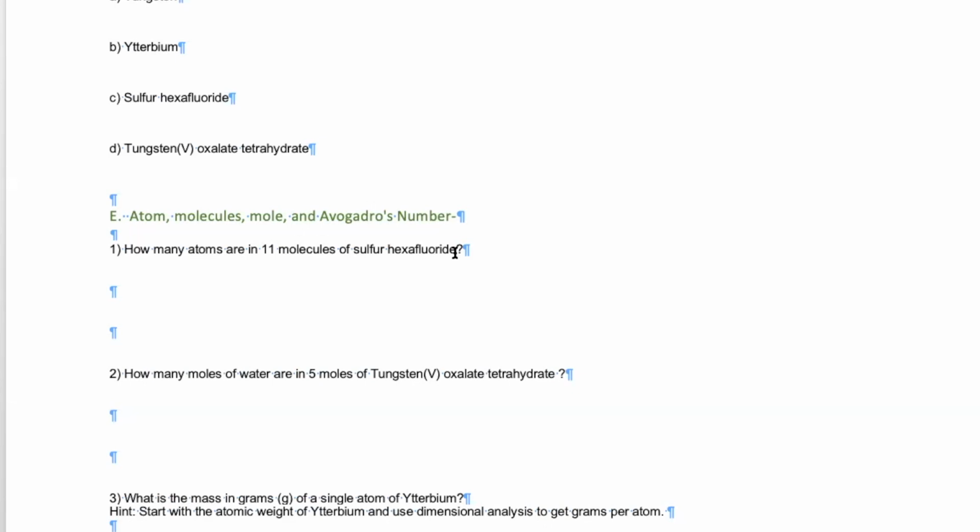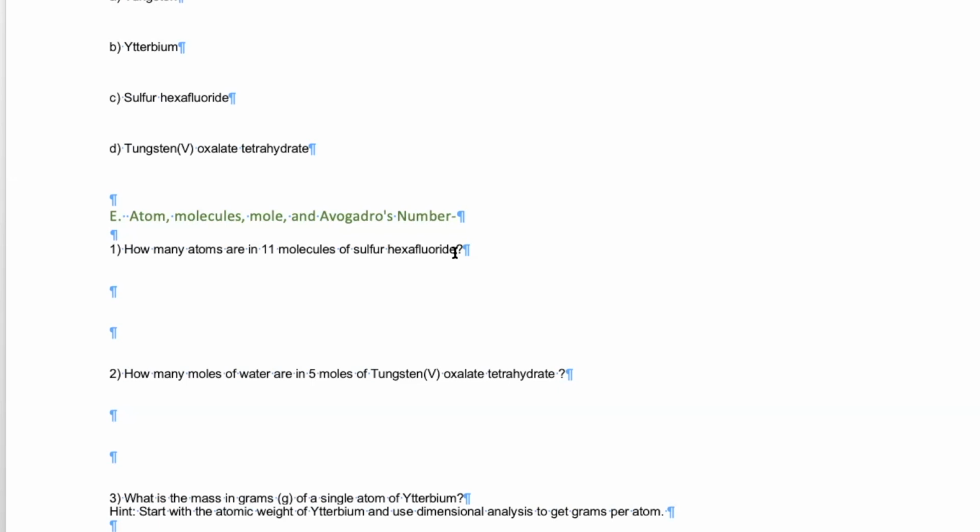Let's take water, H2O. How many atoms are in water? You would say 3, 2 hydrogens and 1 oxygen, okay? So for 1 molecule of water, you would have 3 atoms. How about if I have 2 molecules of water? Well, that would be 3 times 2, that's 6.